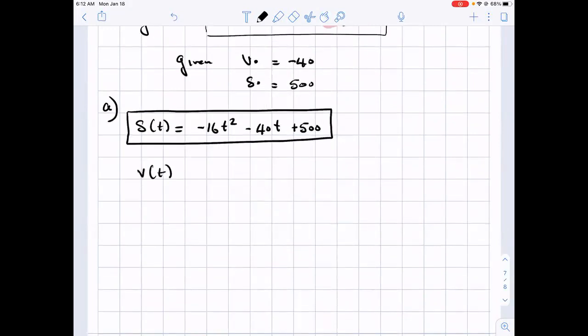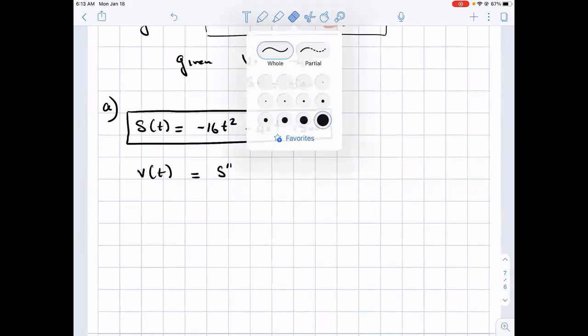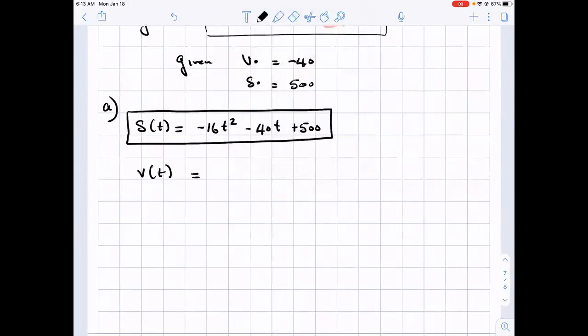V of t, well, I'm sorry, V of t is the first derivative of the position function. The acceleration will be the second derivative. So V of t is the first derivative of S of t.